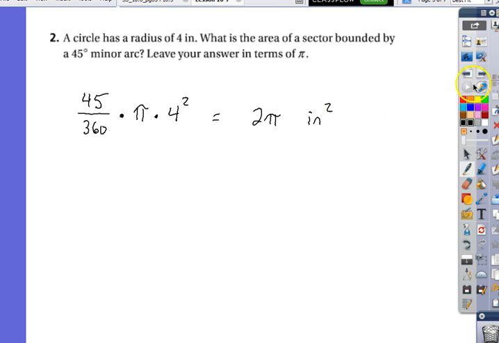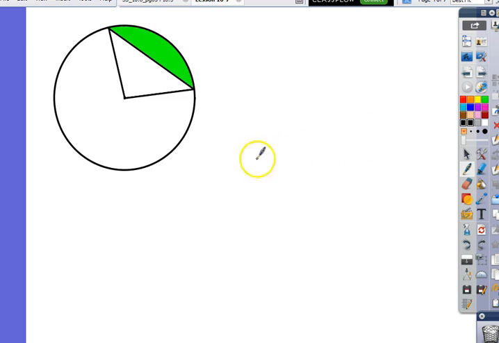All right, because now we're going to be finding areas of shaded regions. If I want you to find the area of the shaded region in this circle, it's obviously part of the circle, but a fractional part. But how do we know how much fractional part? Well, here's the technique.